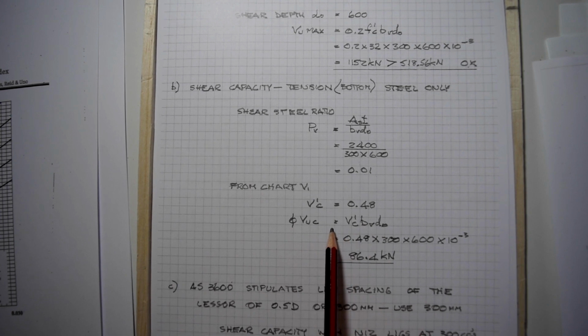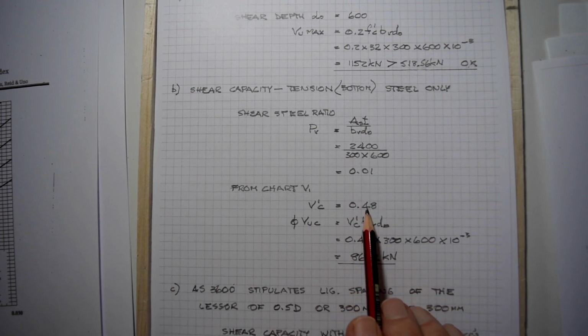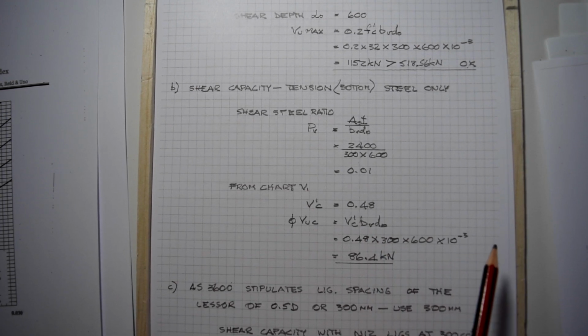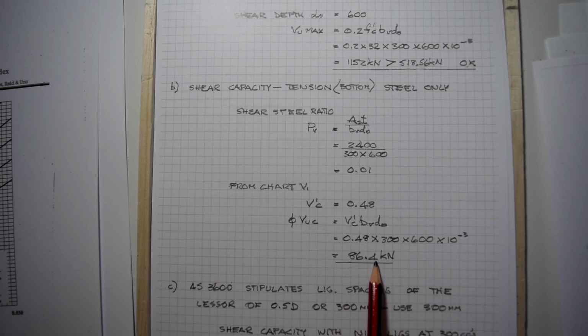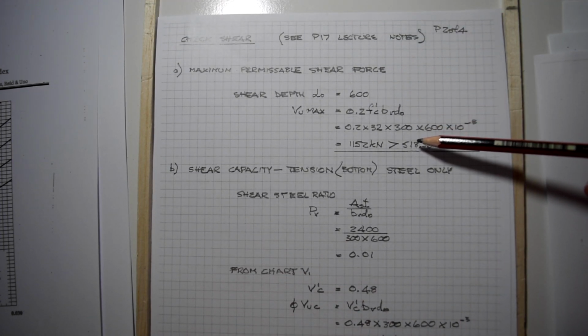Then, using the standard formula to find the actual factored strength of the concrete, phi VUC, we've got the 0.48, which we've just looked up on the graph, multiplied by the breadth, the depth, 10 to the minus 3 to bring it to kilonewtons, and we get a strength with tension steel only of that beam of 86.4 kilonewtons.